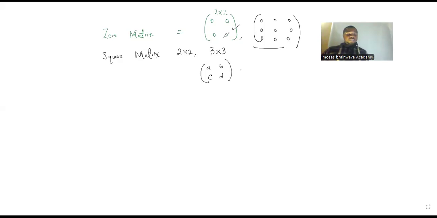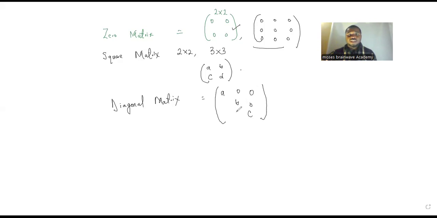So we also have a diagonal matrix. A diagonal matrix has elements only in the diagonal. For example, if there's a 3x3 matrix and you have a matrix looking this way, 0 elsewhere, only in the diagonal you have elements, then you say that is a diagonal matrix.